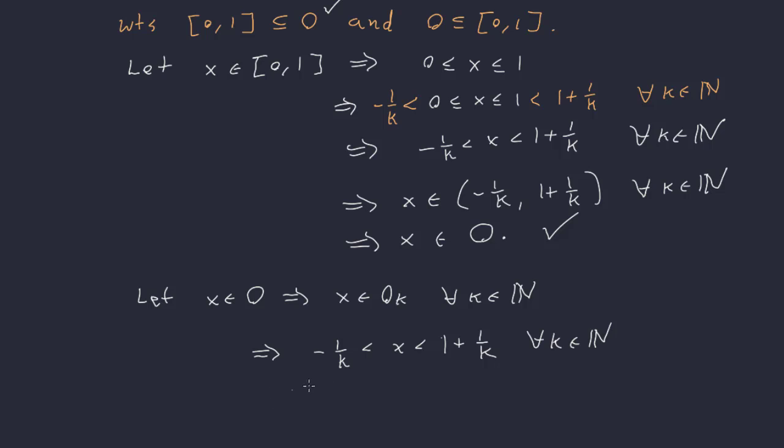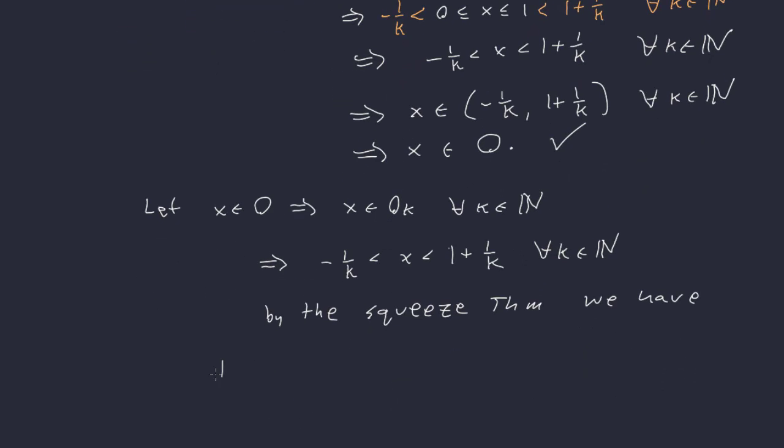Now, by the squeeze theorem, we have that the limit of negative 1 over k is less than or equal to the limit of x, which is less than or equal to the limit of 1 plus 1 over k.